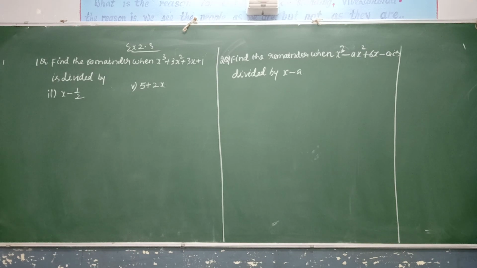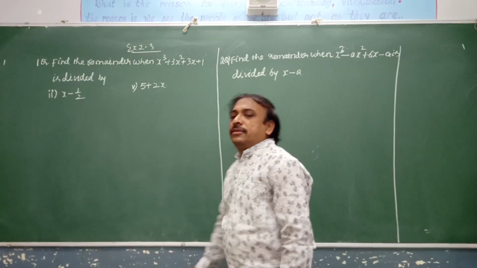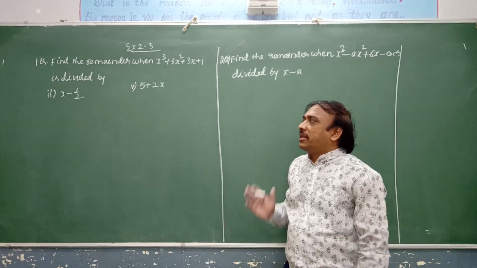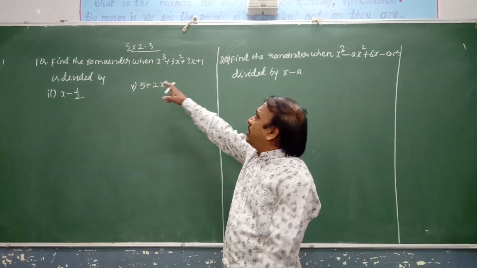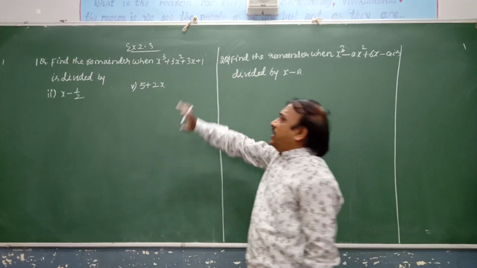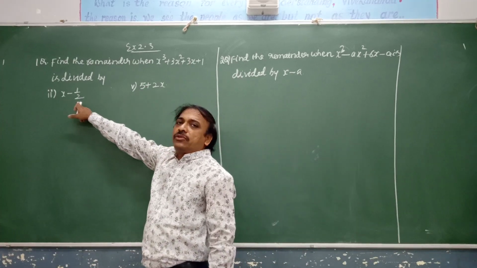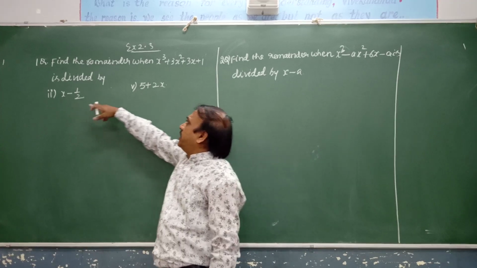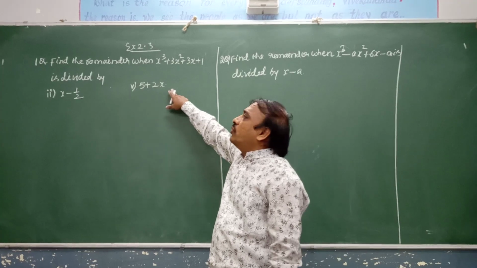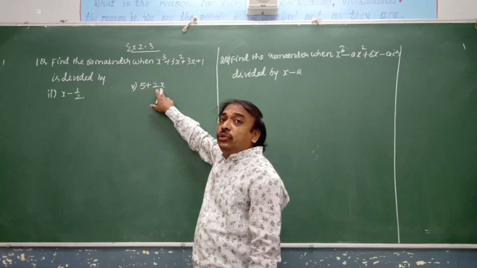Now from exercise 2.3, some questions we discussed about the remainder theorem, how to obtain the remainder. Now, find the remainder when x cube plus 3x square plus 3x plus 1 is divided by, in the first bit, x minus 1 by 2, and in the second bit, 5 plus 2x.